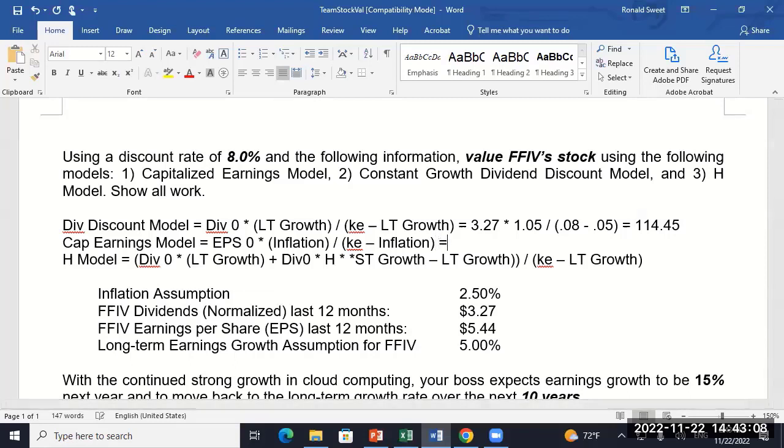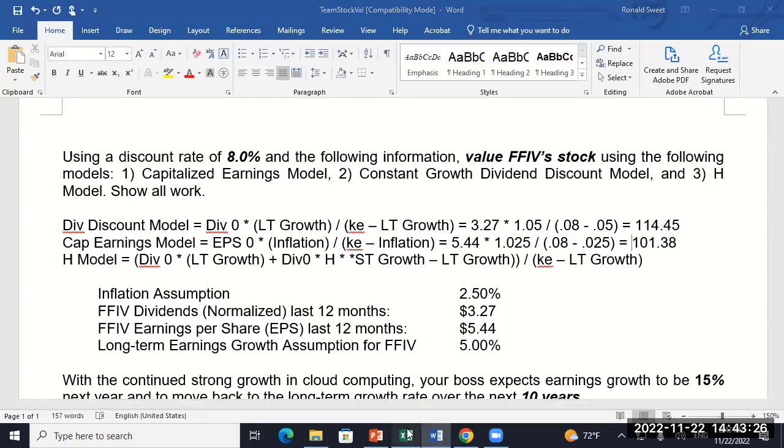Cap earnings, they both got 101.38. So that's going to be 5.44 times 1.025 divided by 0.08 minus 0.025.